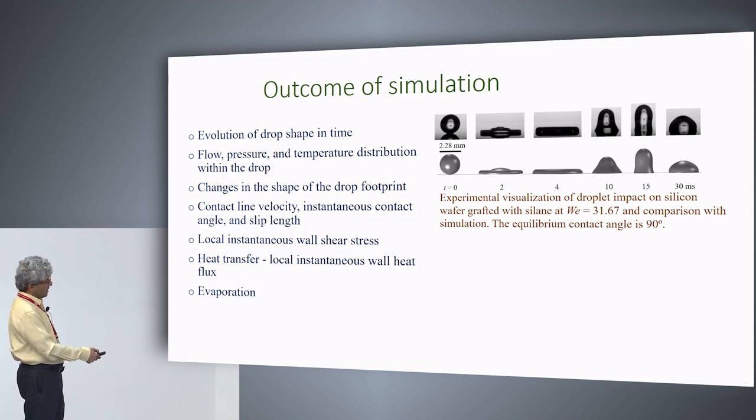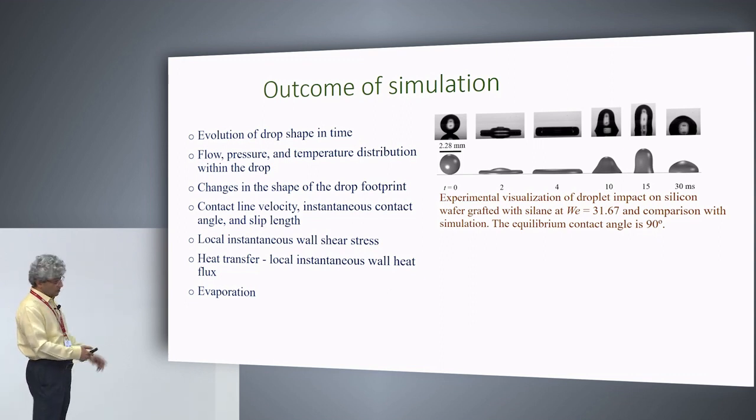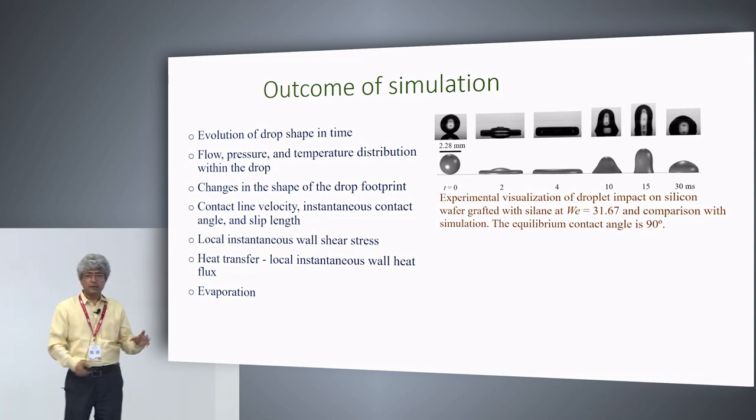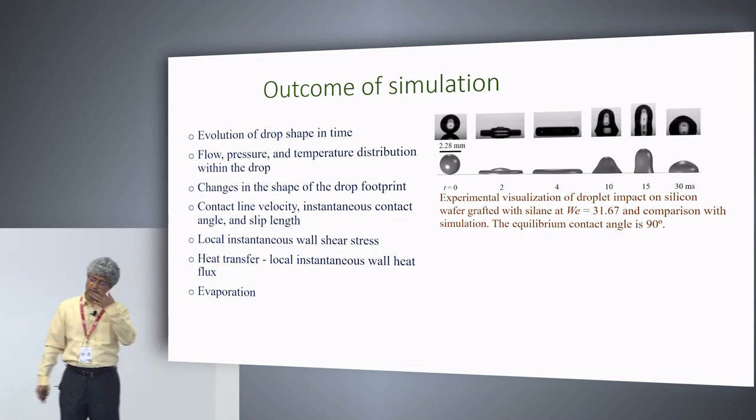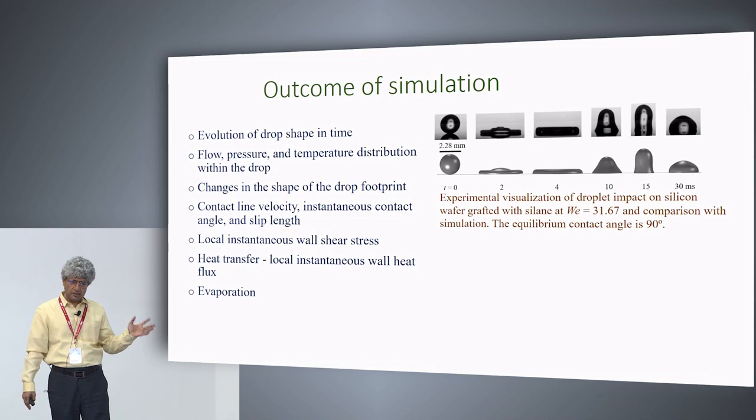This first row is experiments, second row is simulations. You can see that it's a fair match between the two, but the drop gets significantly deformed. By the way, the liquid we have considered is water in all the studies that I'm going to discuss here.